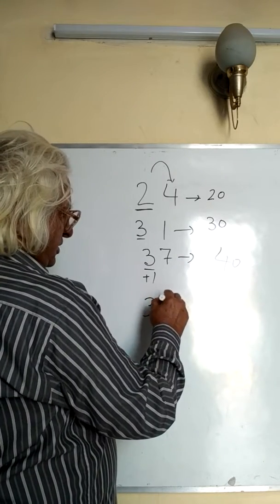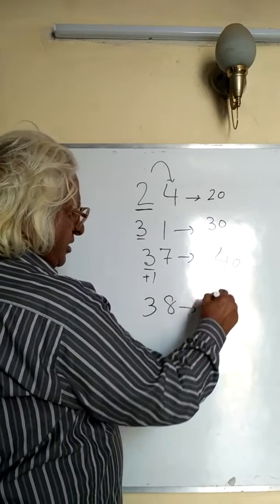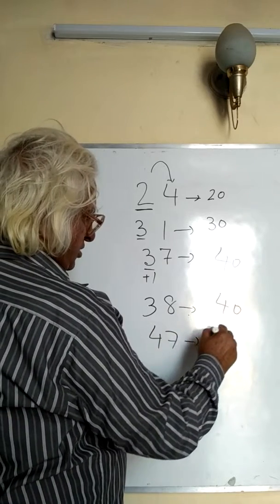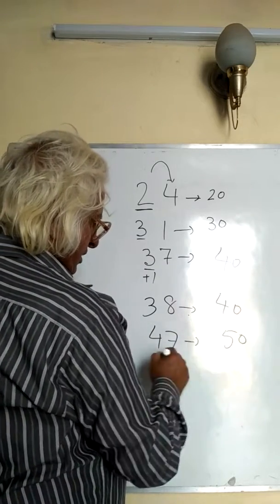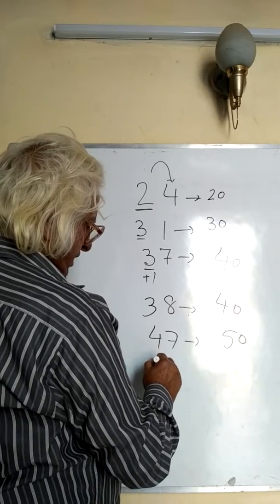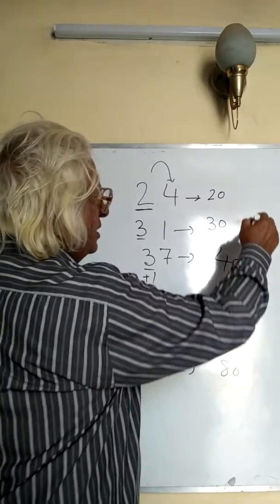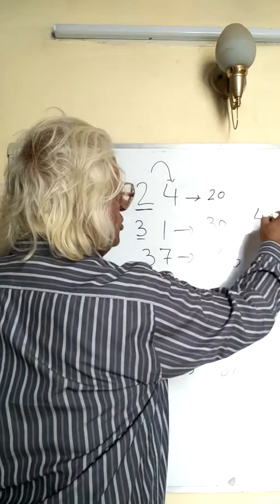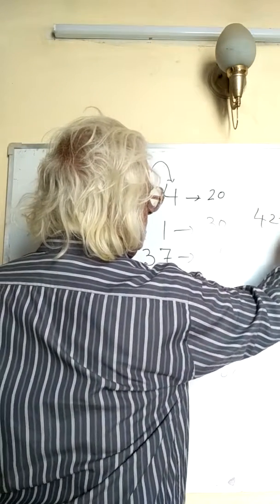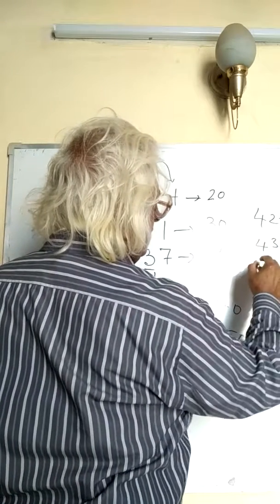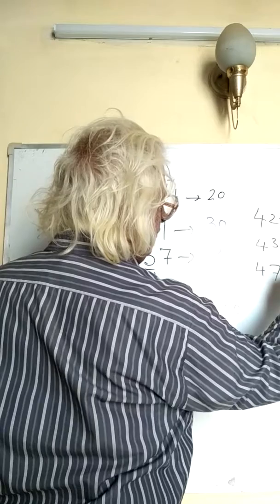And say for example, this will again be 40, 47 will be 50, and 81 is 80, 42 is 40, 43 is 40, 47 is 50.